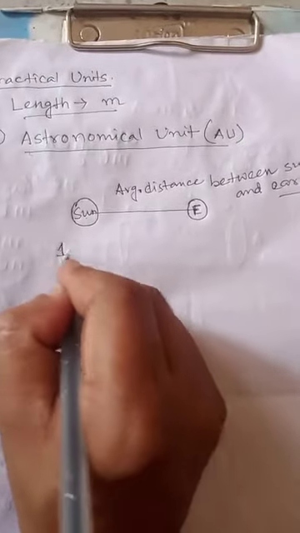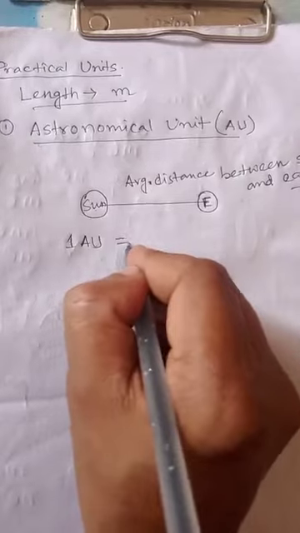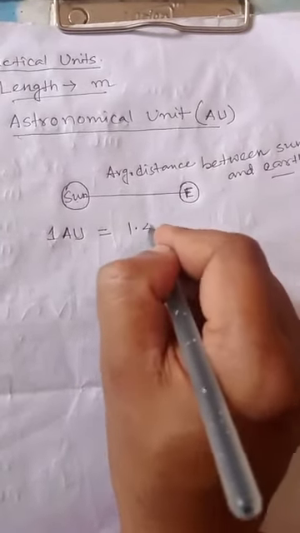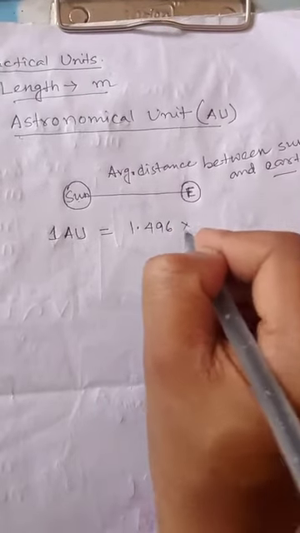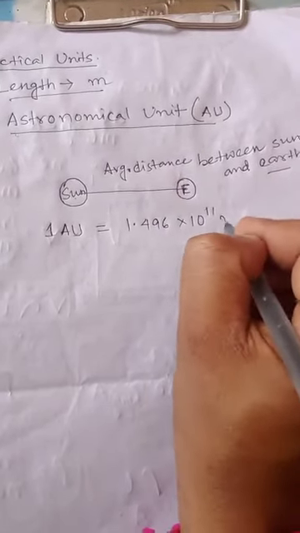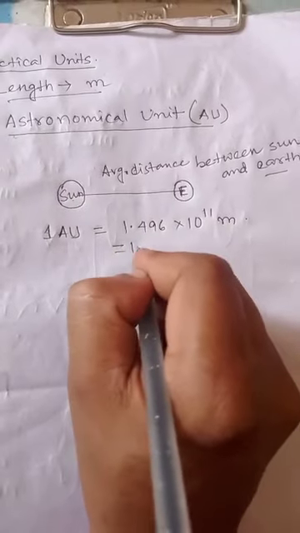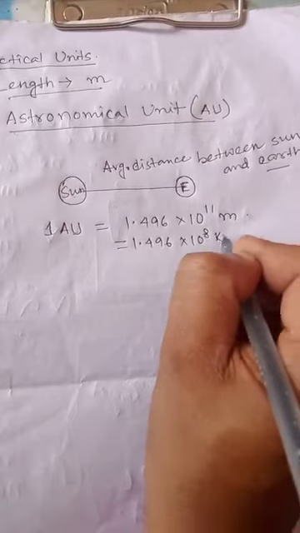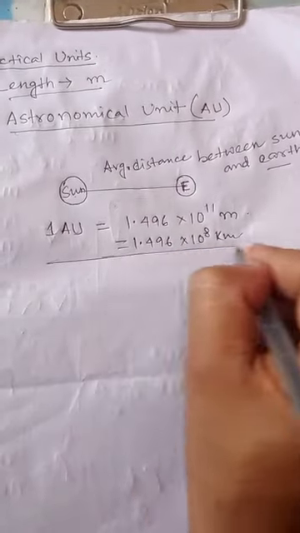One astronomical unit is equal to 1.496 into 10 to the power 11 meter, or 1.496 into 10 to the power 8 kilometer. So it is a bigger unit.